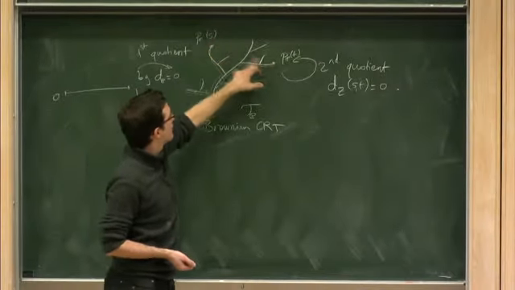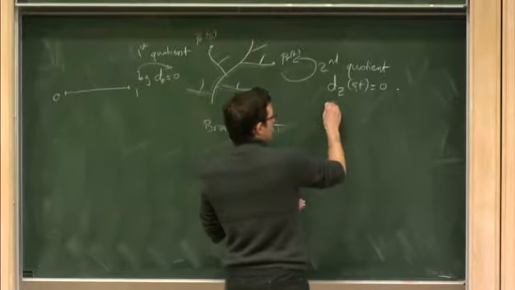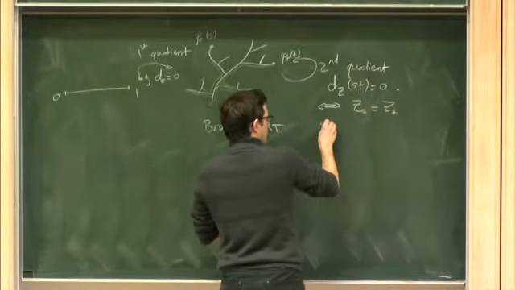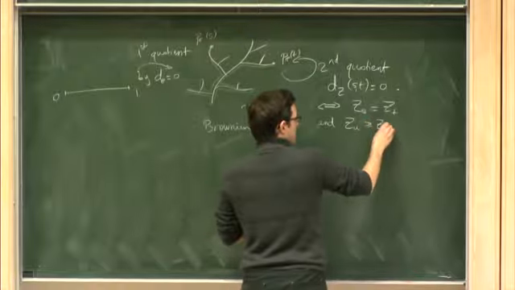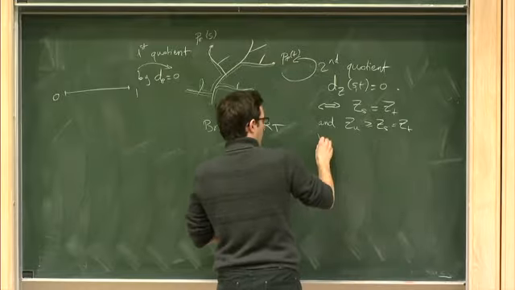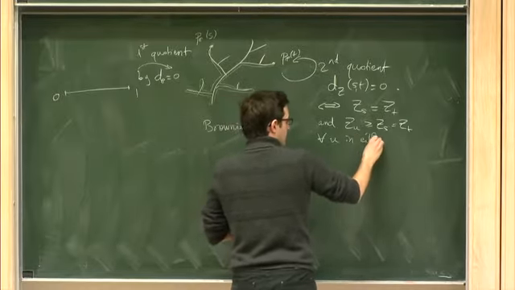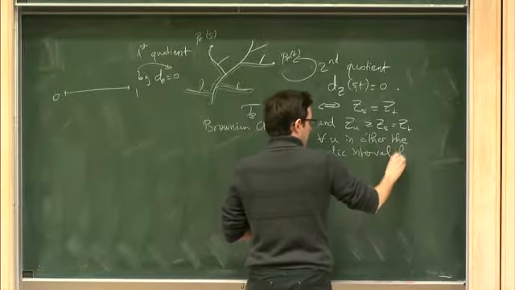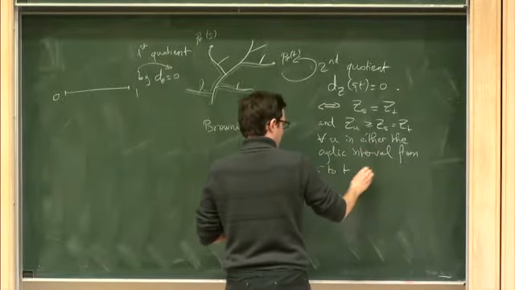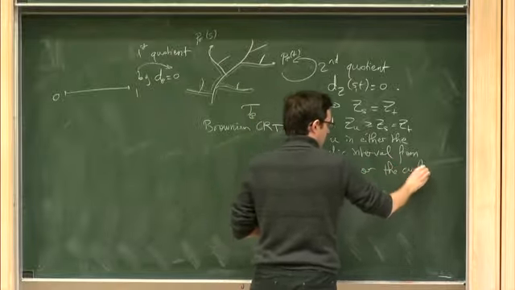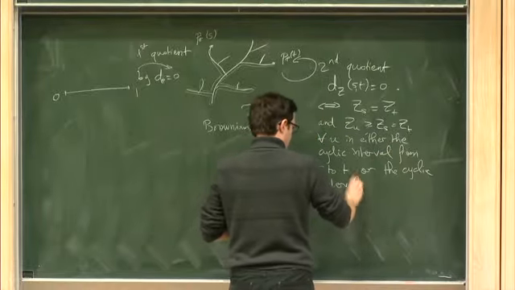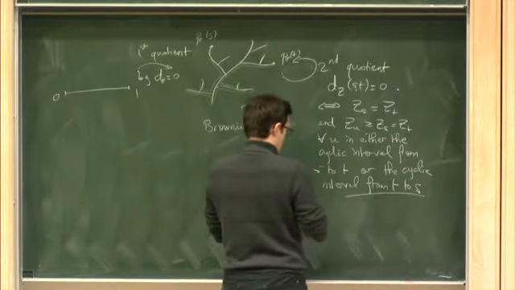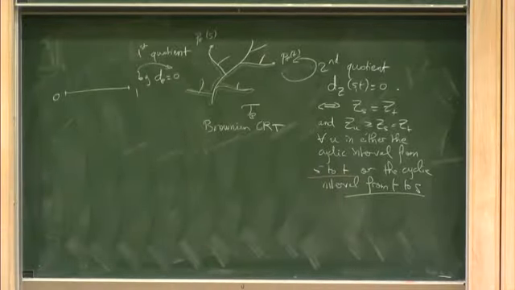And in particular, the label of s has to be the same as the label of t. So this is equivalent to the fact that Z of s is equal to Z of t, and Z of u is always bigger than this common value for all u in either the cyclic interval from s to t or the cyclic interval from t to s, which are denoted by these two colors on the blackboard.